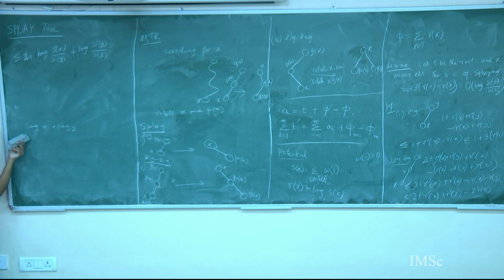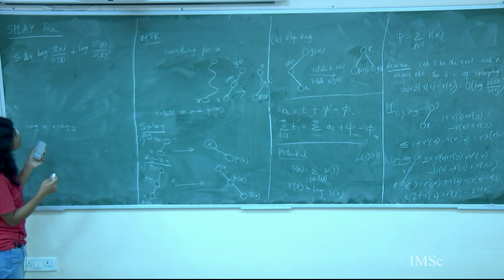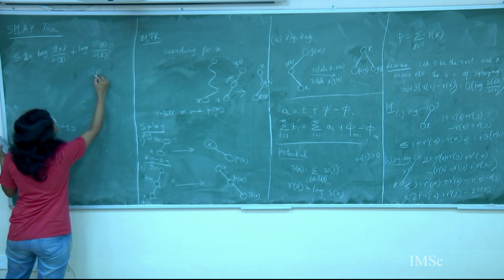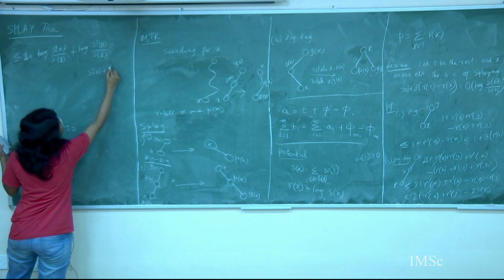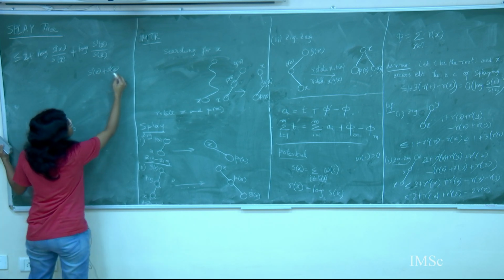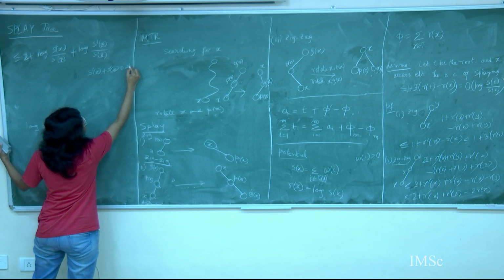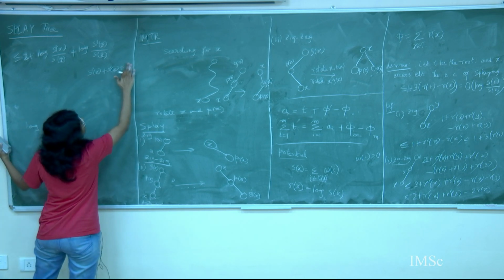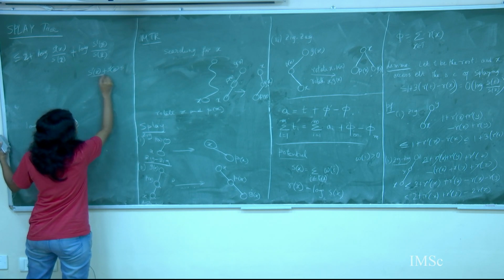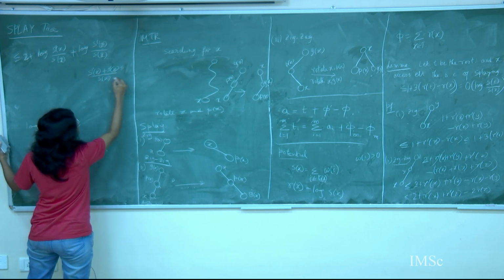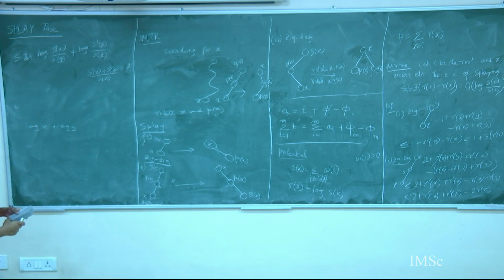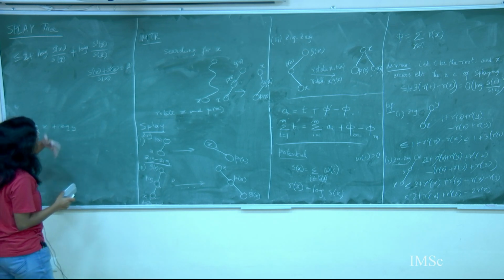So can you notice one thing: this s prime of x plus s prime of z is less than or equal to, or this is less than or equal to 1. No, if I do it the other side.